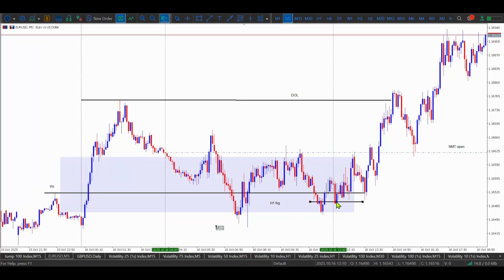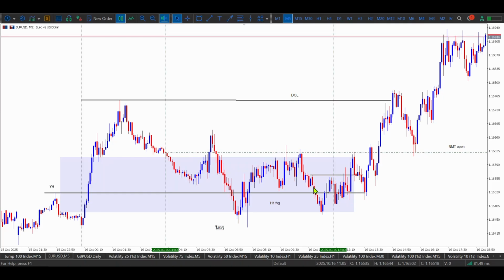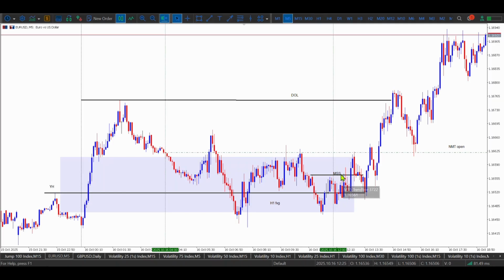Market structure shift happened on M5 here. We have this high, candle to the left, candle to the right, a high, that's a short-term high. This is our market structure shift right here.